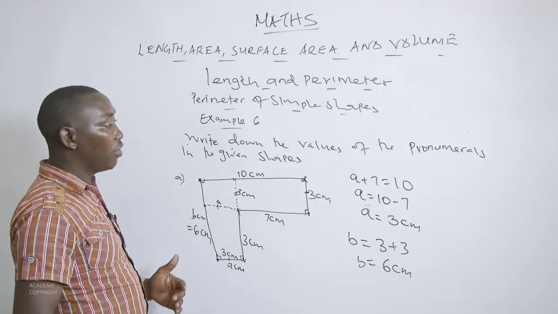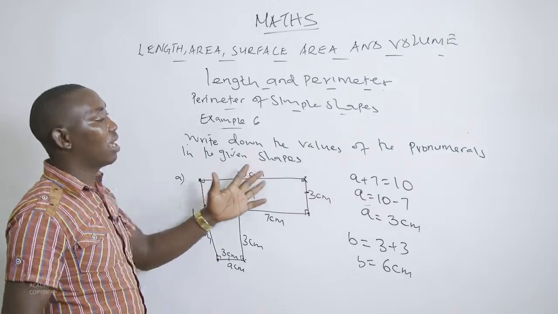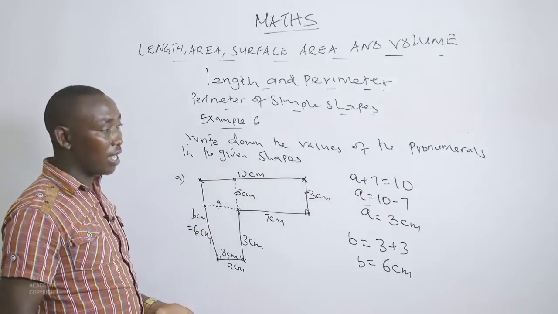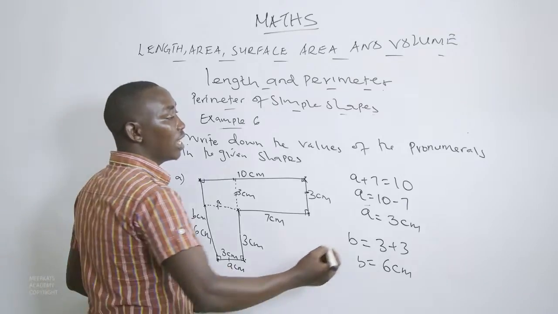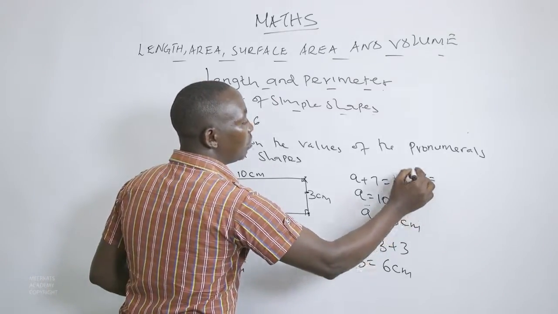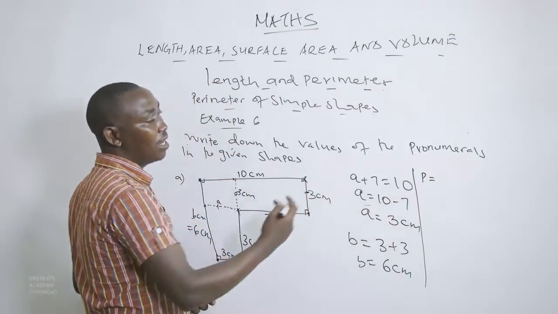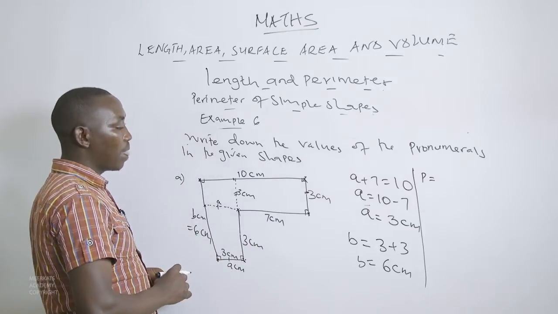Some other time you can be asked to find the perimeter of this particular figure. So in the case you have been asked to find the perimeter, then it's going to be very easy after you have obtained all the required points.